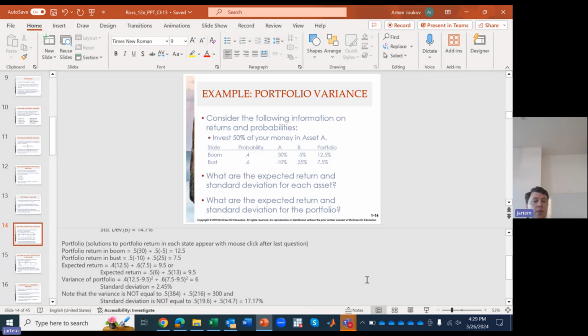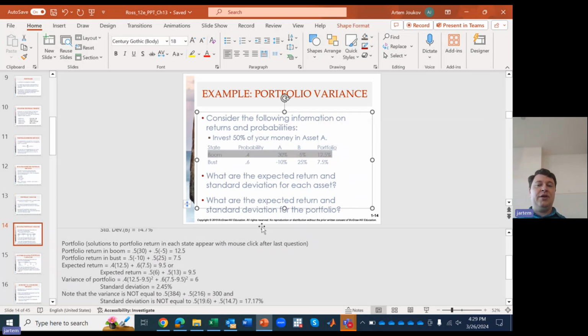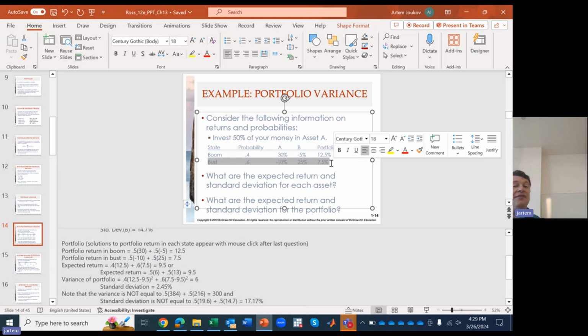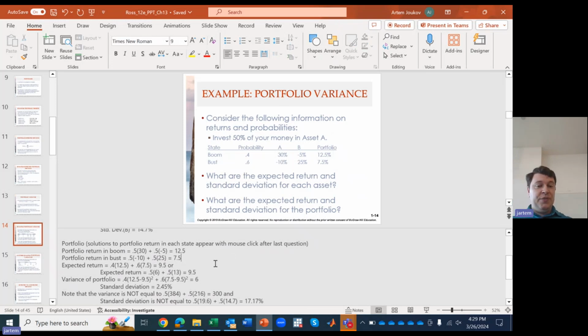For the entire portfolio, we have 50% in asset A and 50% in asset B. When we do that, you see in a boom state, the return is 12.5, which is what you see here. And in a bust state, the return is 7.5, which is what you see here. So what is the expected return?